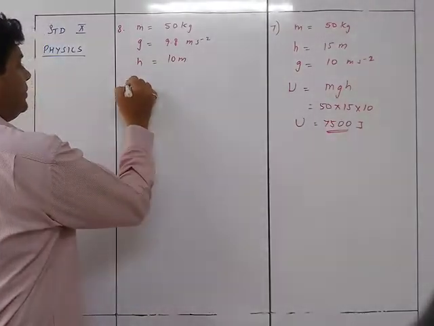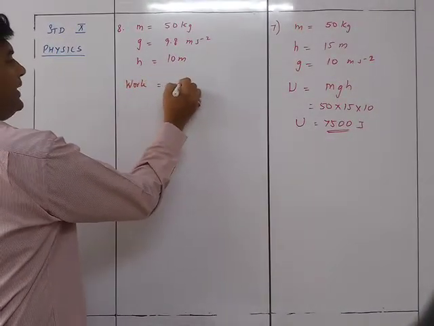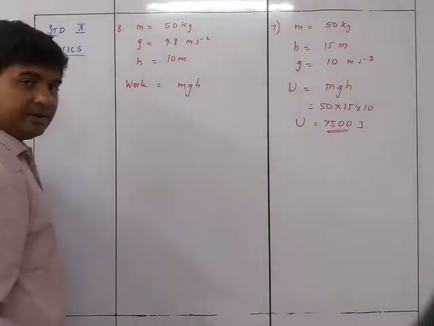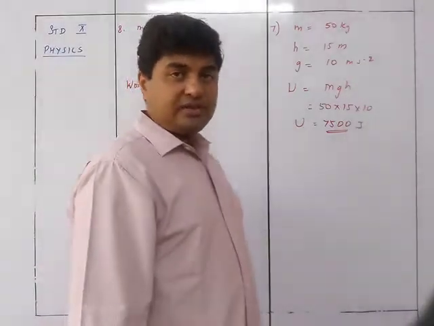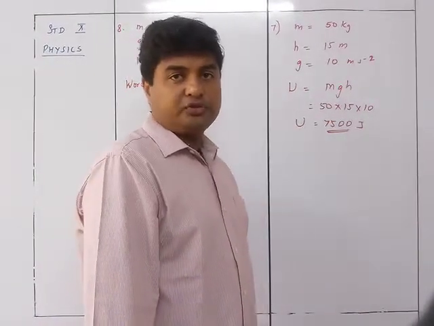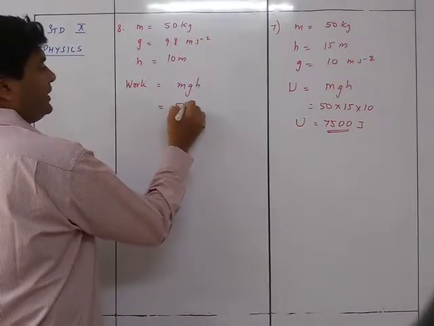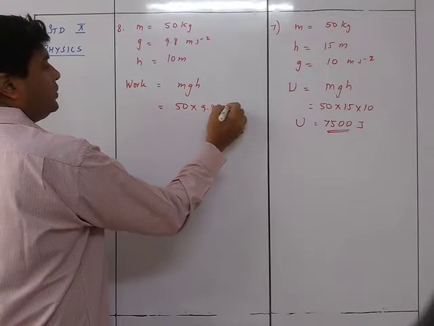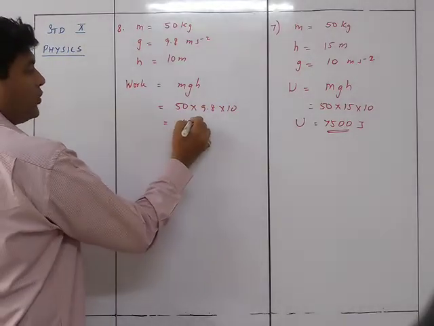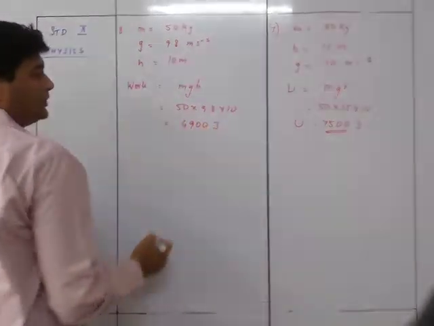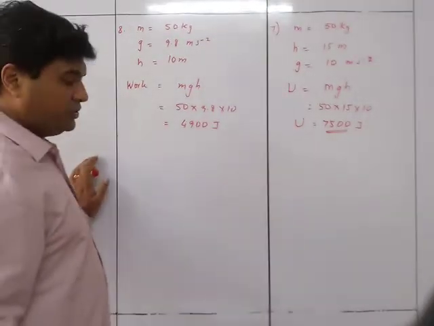So work done is equal to mgh again, because work done is nothing but mgh. We had learned it earlier in the first part of the chapter. So you can see work done is equal to 50 into 9.8 into 10. So that will give you 4900 joule. 98 into 5 is 4900 joule.